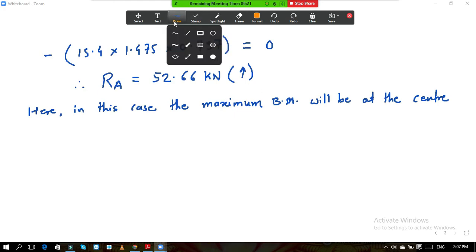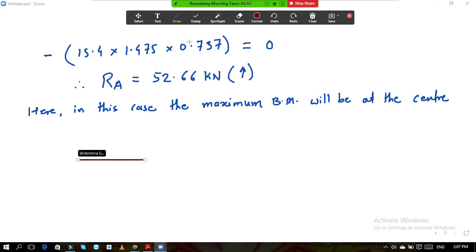Okay, so here this is the line of 1.475. Then afterwards here it is 3.08 by 2. Now it is at the center of 3.08, 1.54.